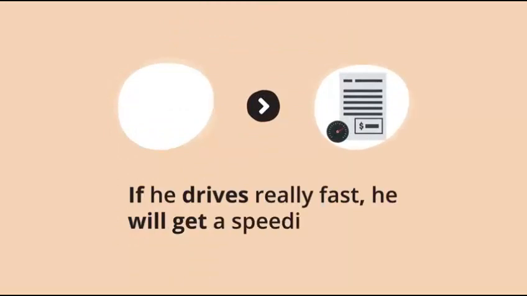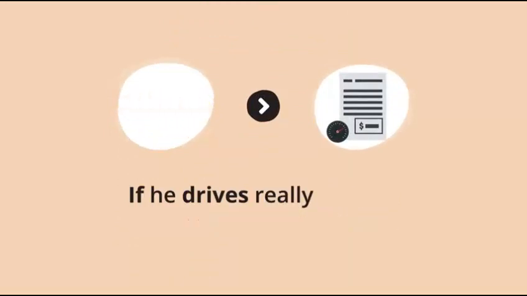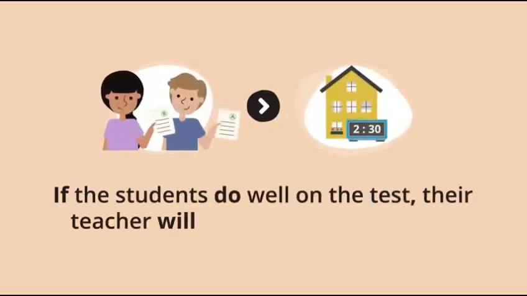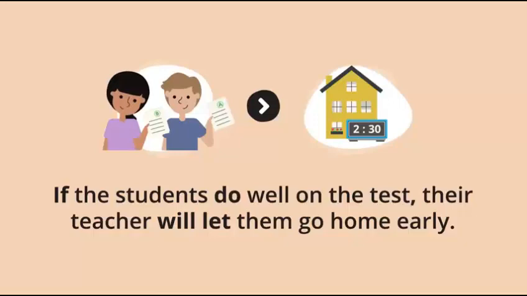Let's take a look at some more examples of first conditional sentences in English. If he drives really fast, he will get a speeding ticket. If the students do well on the test, their teacher will let them go home early.